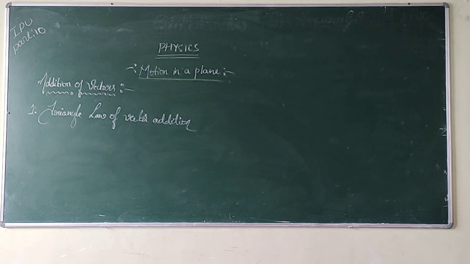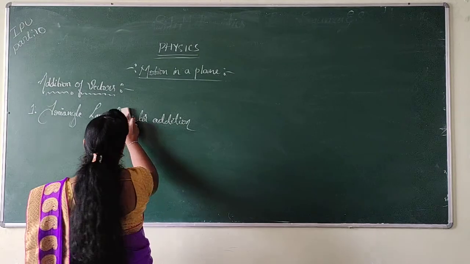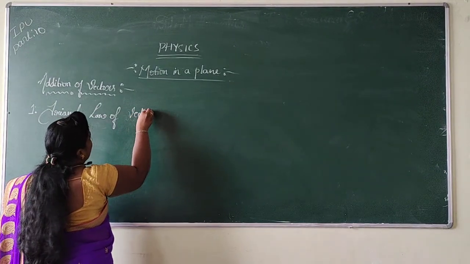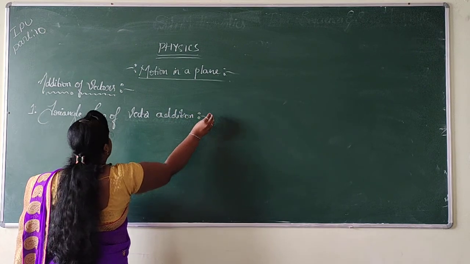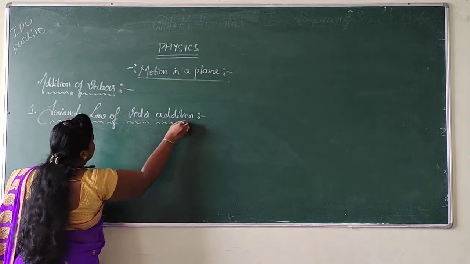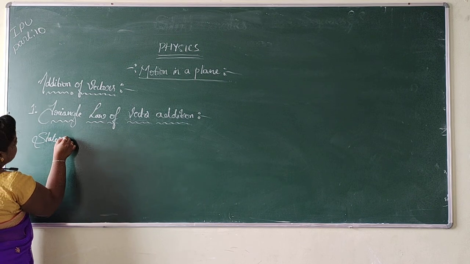Dear students, when we come towards the discussion of triangle law of vector addition, first we should know what is the statement of this triangle law of vector addition. First, let us move with the statement and let us explain it. I will just dictate the statement, so you can write it by yourself.